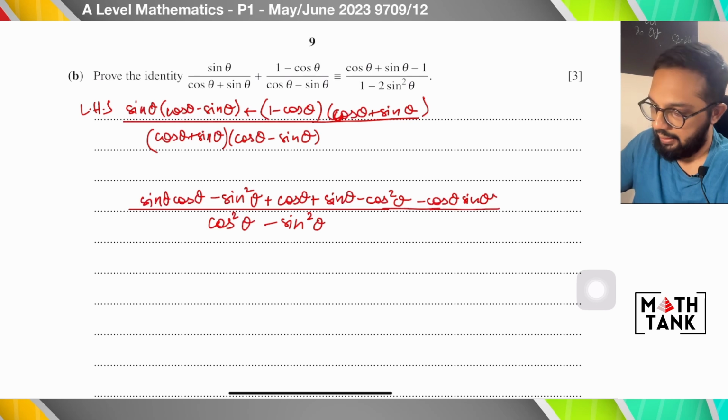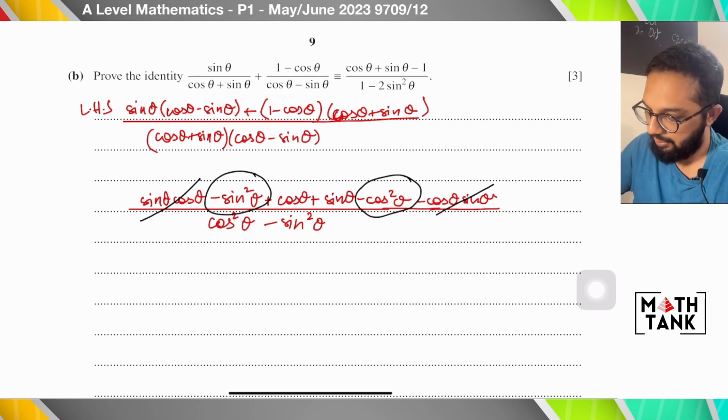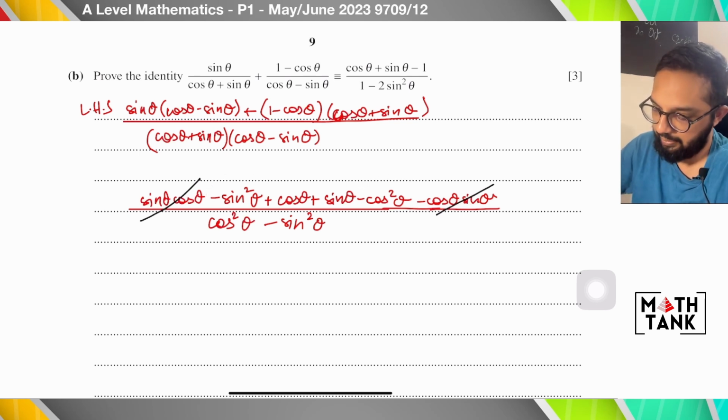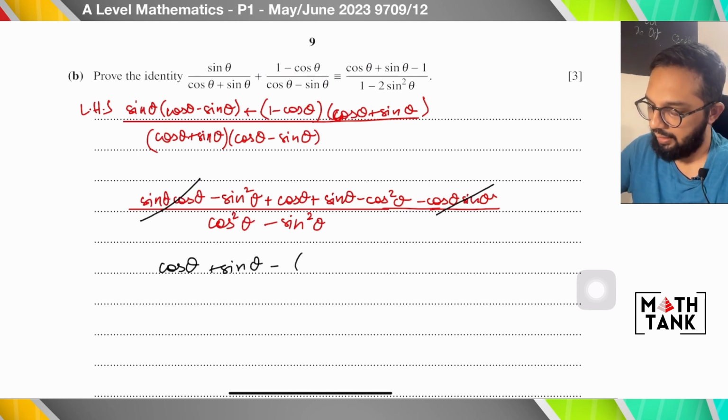What that tells me is that some things are canceling out. Let's get rid of those first. And I see this and that, both are with a negative sign. So let's arrange them and say that I can keep the negative outside, and this becomes sine square theta plus cos square theta. And in the denominator, I have cos square and sine square both.